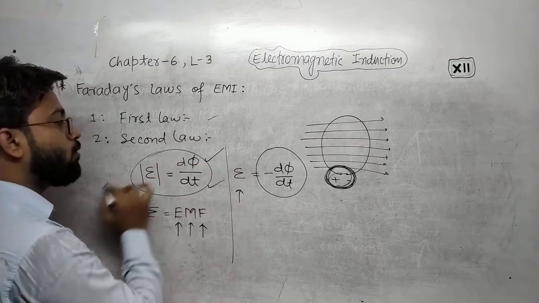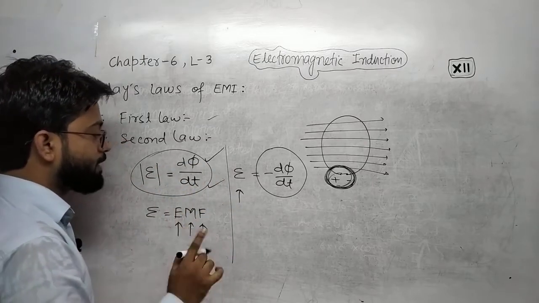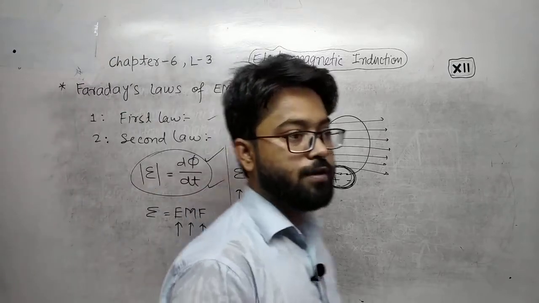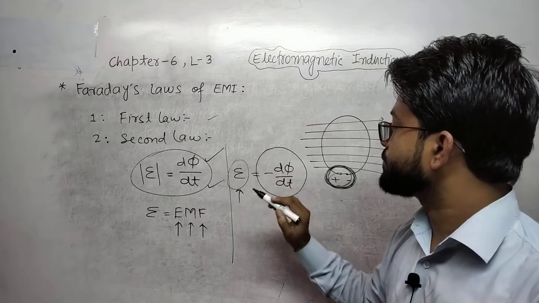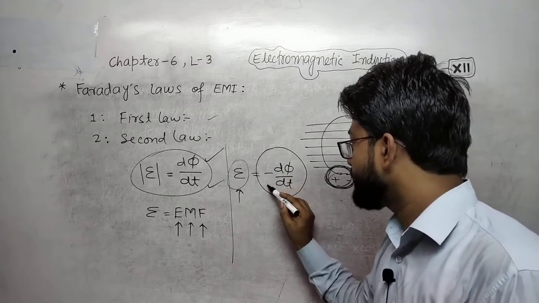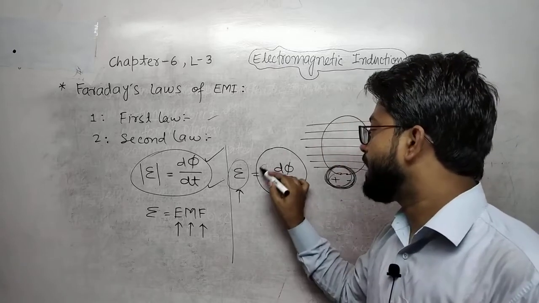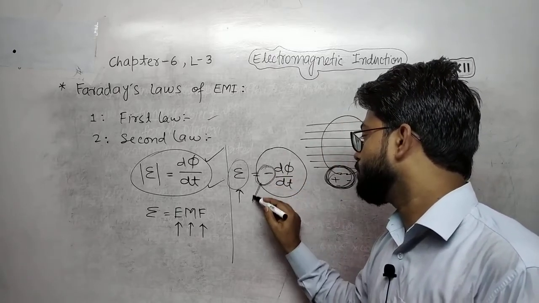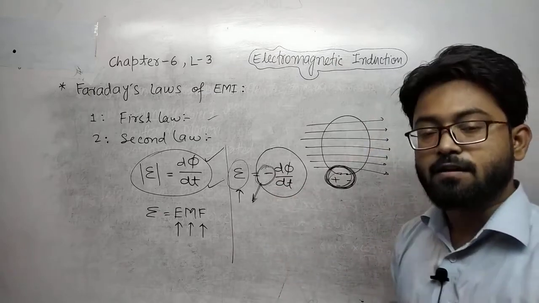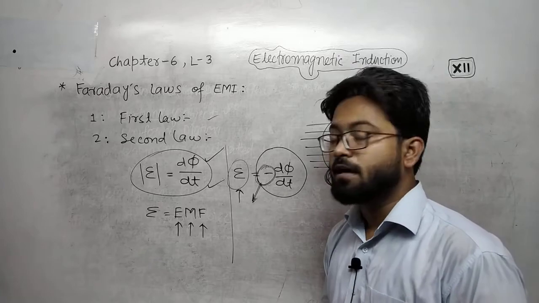If we talk only about magnitude, it is the rate of change of magnetic flux with respect to time. How the minus sign comes, we will discuss in the next lecture on Lenz's law.